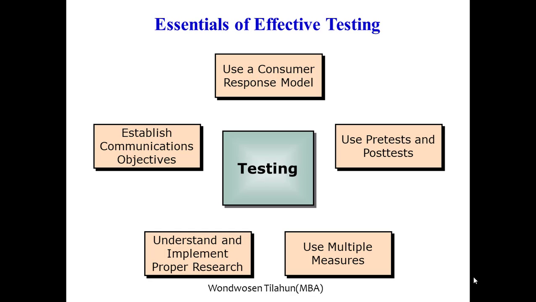At the same time, we need to apply valid and genuine methodologies or research designs, the sample size, the sampling techniques, the method of data collection, and the things that we are going to study need to be measured or identified based on the fundamentals of research principles or methods. So understanding and implementing proper research becomes the other critical input to come up with an effective and valid testing.